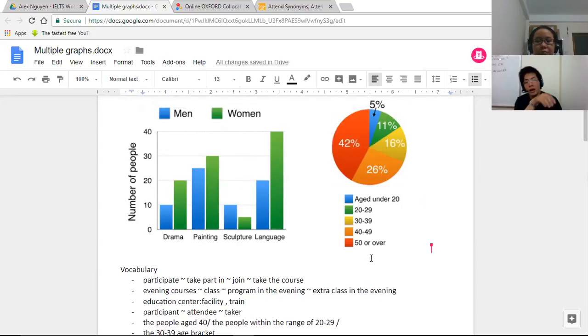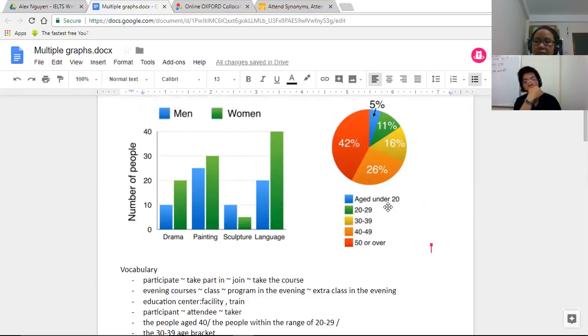What about the age under 20? Can I say teenagers? Yes, under 20. Actually, teenager is from 18 to 20. We call them adolescents.